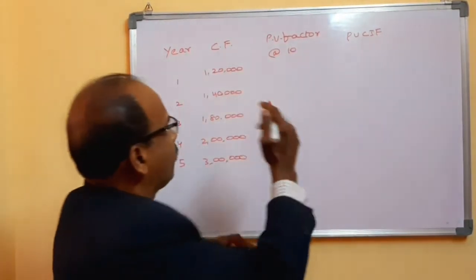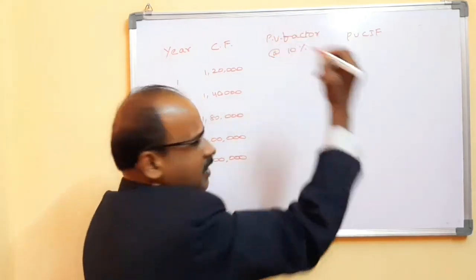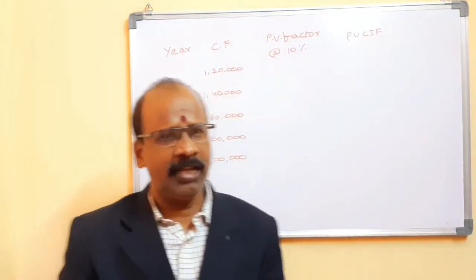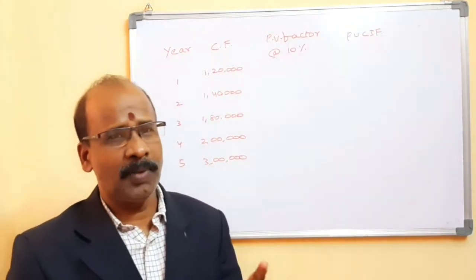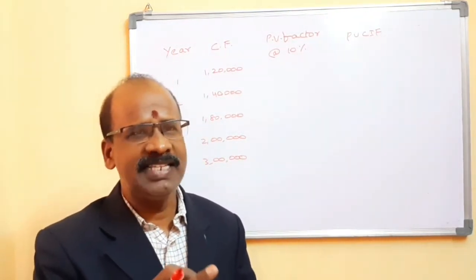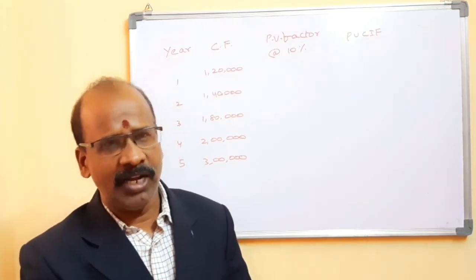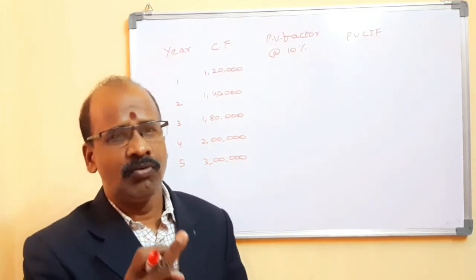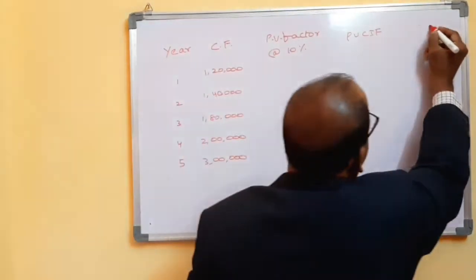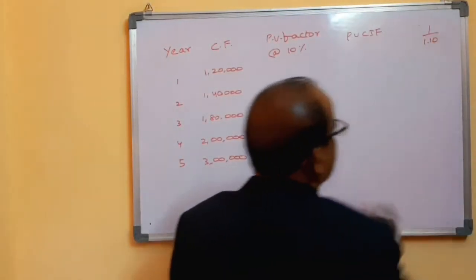PV factor at 10%. How to calculate it? Just take a calculator. In that calculator, 1 divided by 1 plus R. In this problem, R is given 10%. If you convert it into points, we get 0.10. 1 divided by 1.10.